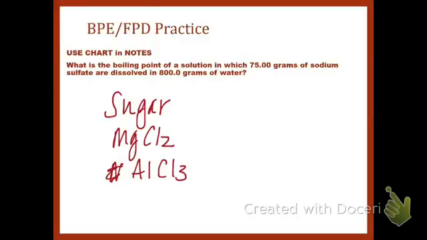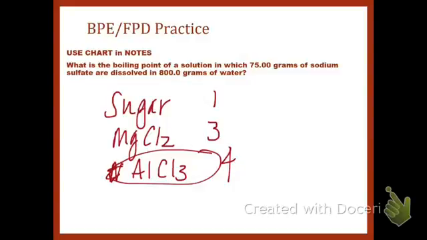I've added all these things to water. Which one would have the highest boiling point? This one would have the highest boiling point, because it has 3 particles. This one has 1 particle. This one has 3, and this has 4. I said it has 4 particles, sorry. So it would have the greatest effect on the boiling point. So the boiling point would be the highest for the aluminum chloride solution.